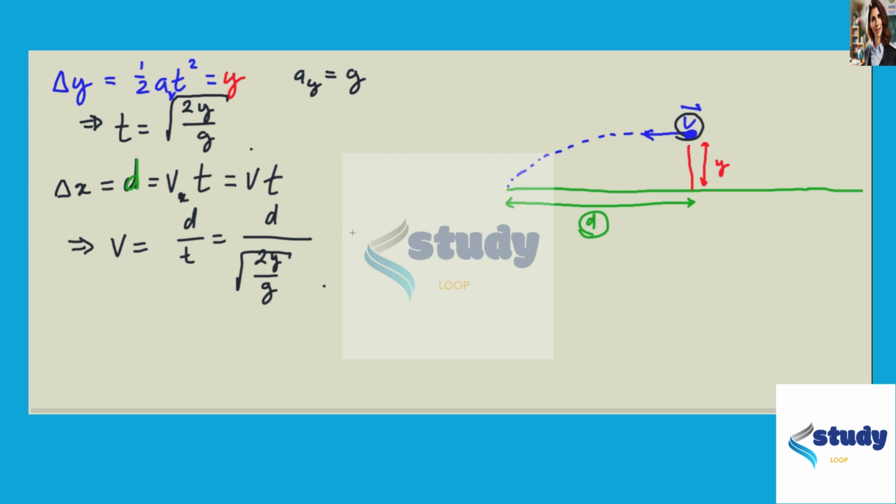Now I can plug in values for d, so let d be 12 meters, let y be 1 meter, and we'll approximate g as 10 meters per second squared.